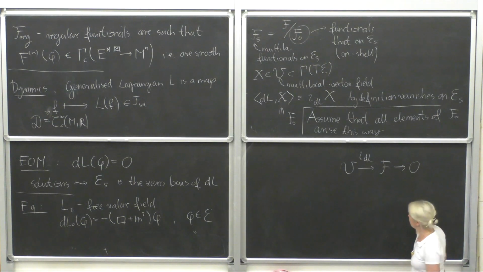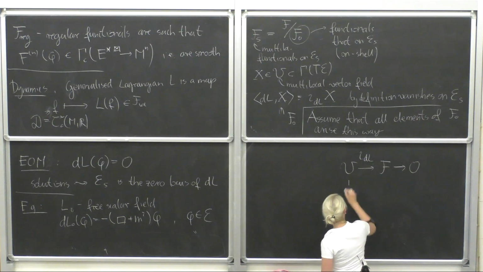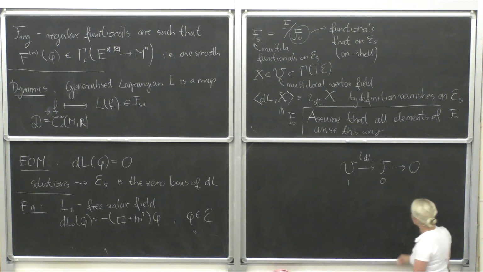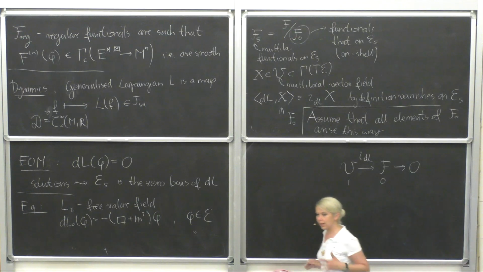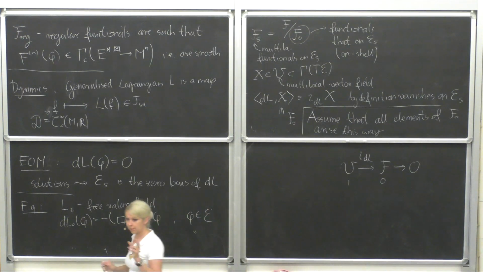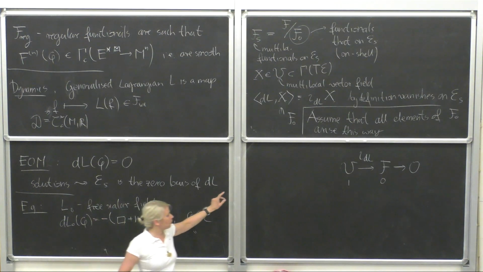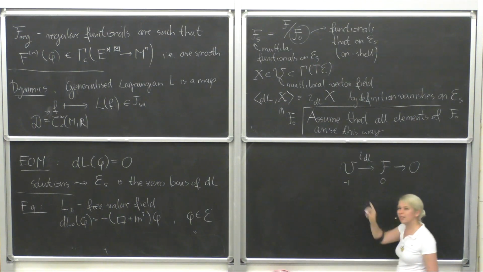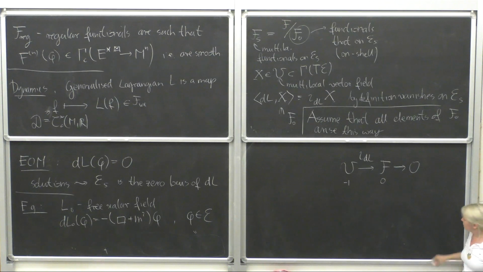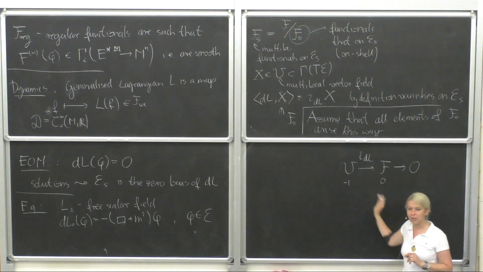So let's give them some labels. I'm going to introduce some grading. I'm going to package everything I have into one space and give labels to know who lives where. Actually, let me make it a negative grading. I'm sloppy with signs, but I will at least try to keep that one consistent.